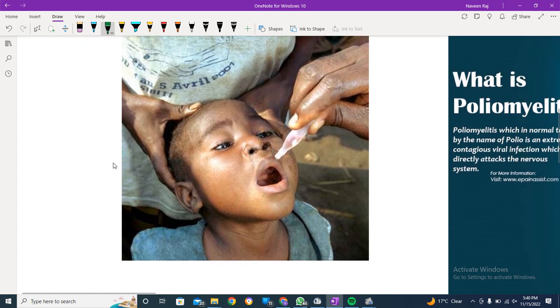This is what I was talking about, the oral vaccine. You see this bottle being dropped into the mouth; this is the oral vaccine. It is not an injection. It is cheap and easily available, but we have the injectable poliovirus vaccine as well. This is OPV, oral poliovirus vaccine, but we have IPV, injectable poliovirus vaccine, as well.